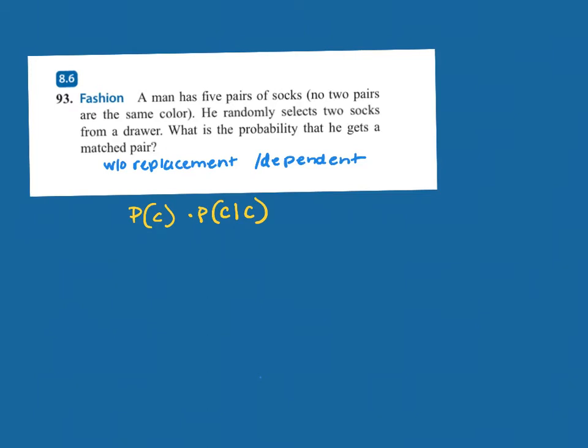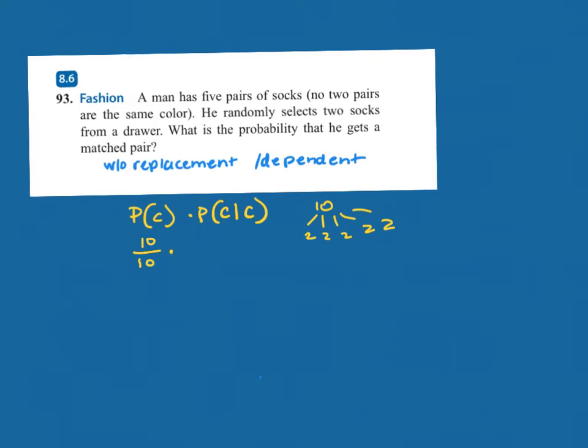So if there's 5 pairs and no 2 pairs of the same color, that means that there's technically 10 socks, right? There's 2 of each color. So 2, 2, 2, 2, and 2. So when he goes to pick the first one, any of them are options. So he has 10 out of 10 to pick any one color.